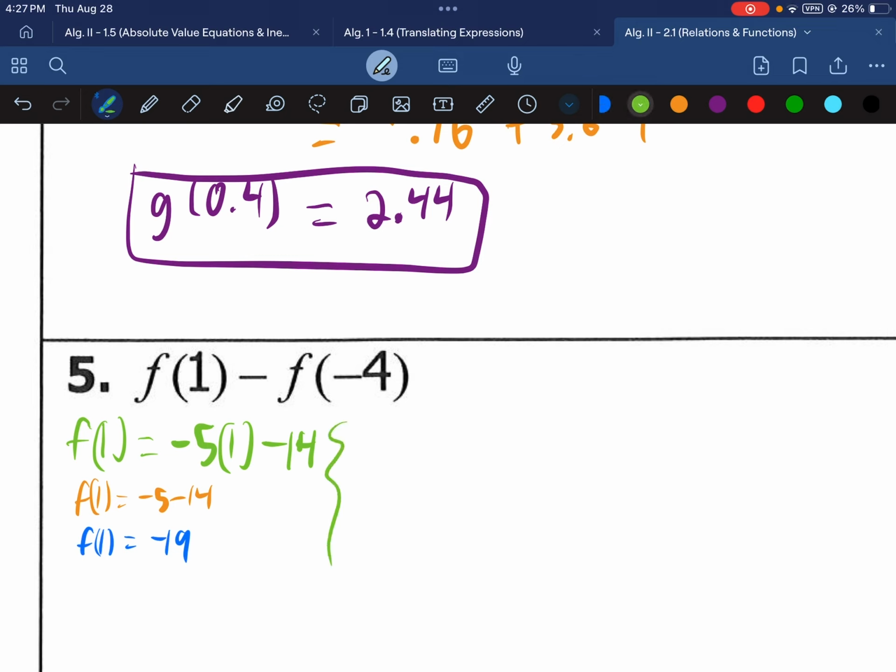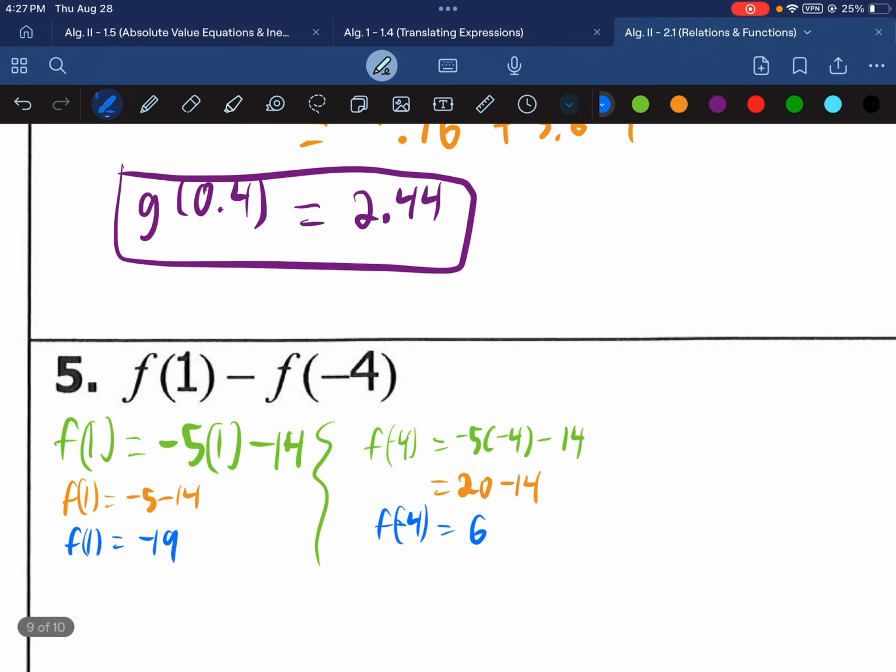So as I find f of negative 4, it is negative 5 times negative 4 minus 14. And then I will multiply negative 5 times negative 4 and get 20 minus 14. And now f of negative 4 results in 6.